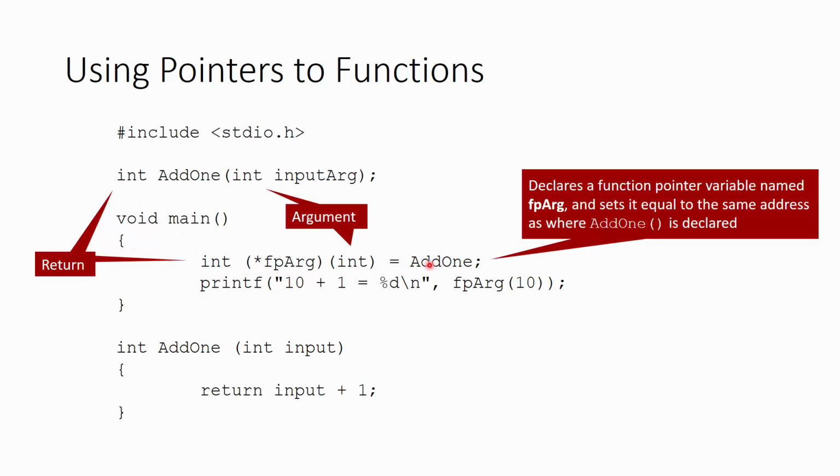And I set this equal to the name without the parentheses for the function that I am assigning, or the pointer to the function that I am assigning to this function pointer. And then down here we actually specify the guts of the add1 function. This one, all it does is take the input and add 1 to it, so nothing's particularly strange. So here's int input, and here's return that back out.